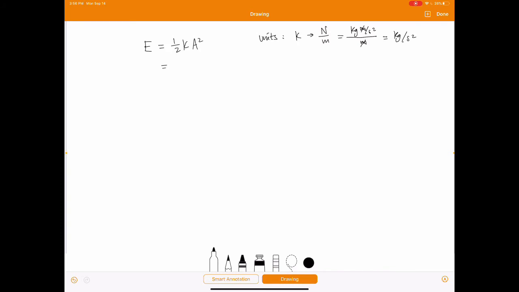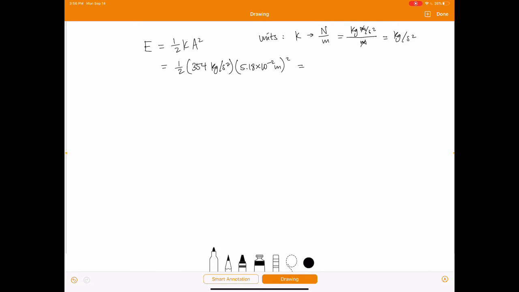So for energy, I have 1/2 k, which is 354, and we'll write this as kilograms per second squared for the units. Then 5.18 centimeters would be 5.18 times 10 to the minus 2 meters, square that.